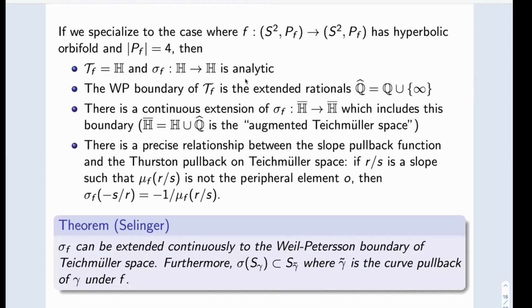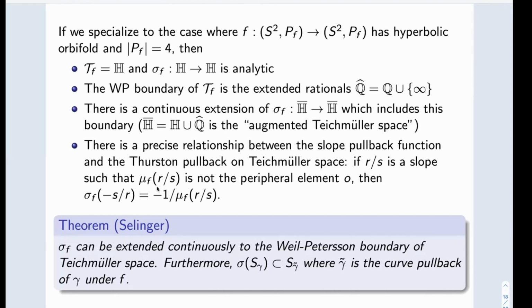Okay, so we're mostly going to be interested in this extended map from h bar to h bar. This h bar here is going to be the augmented Teichmüller space. Okay, and then how does this correspondence with my slope map work?